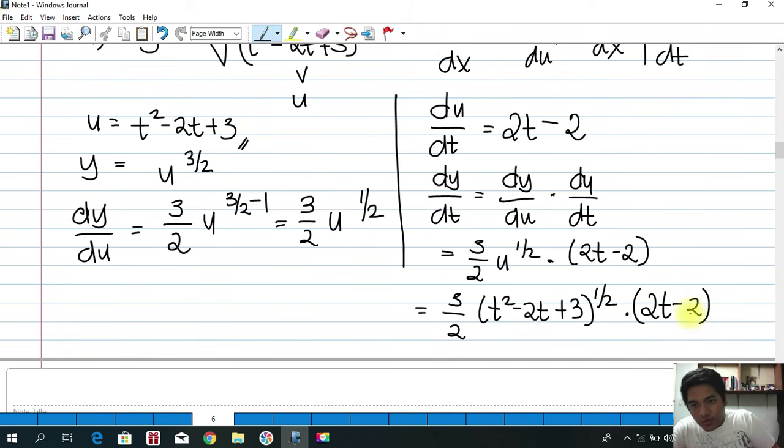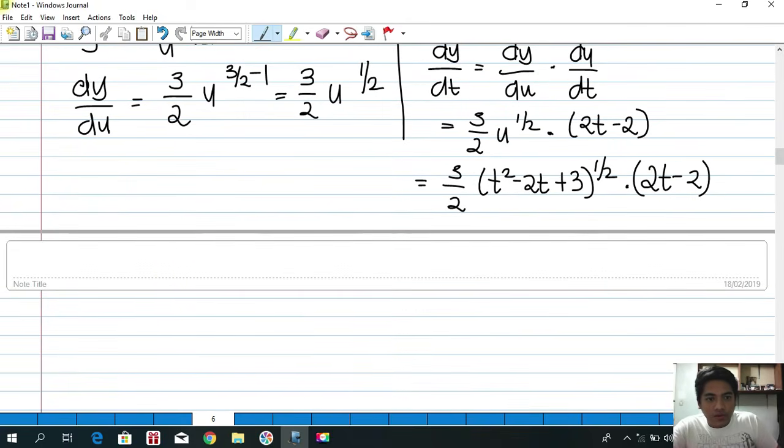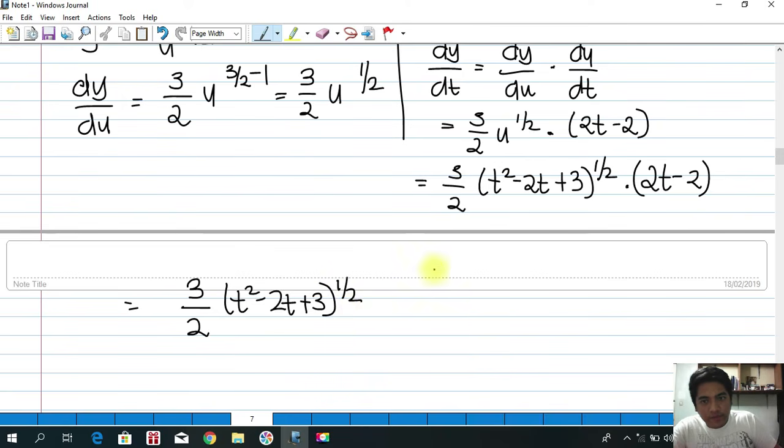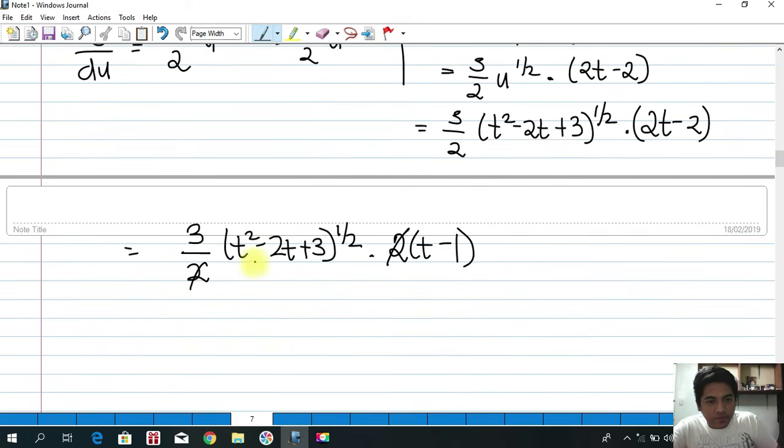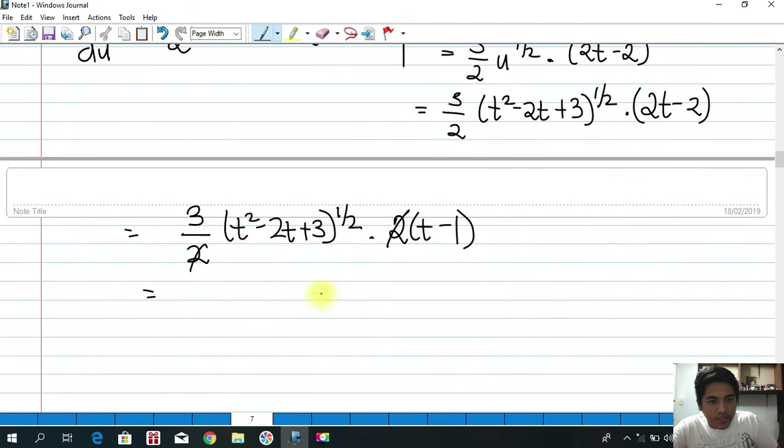As you can see, we can further simplify this. We have 3 halves times t squared minus 2t plus 3 raised to 1 half, and we can factor out 2 from 2t minus 2, giving 2 times t minus 1. Since this is a multiplication, we can cancel out the 2.